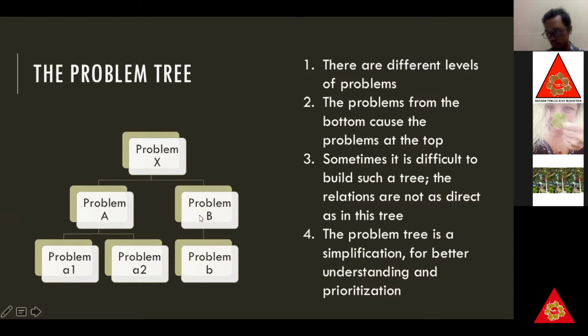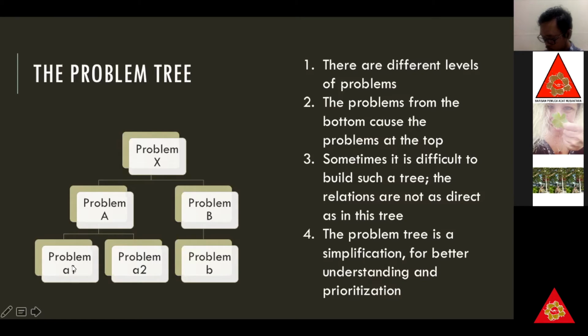And problem B could be, for example, that there's too many people in the area. So there's a lot of people, and so there's poverty.